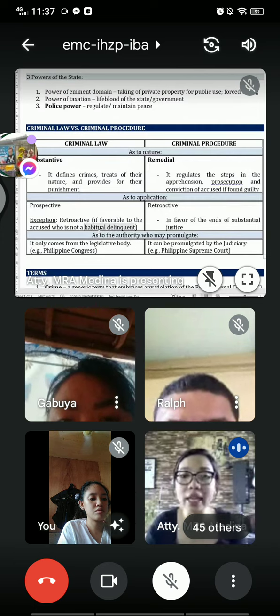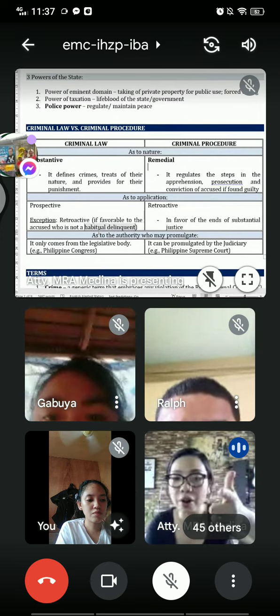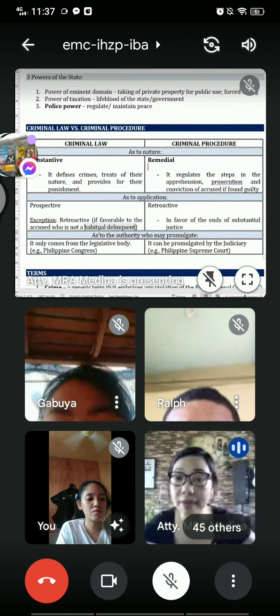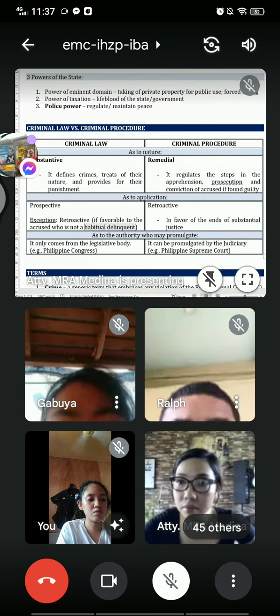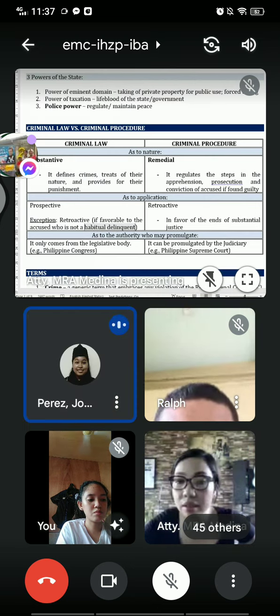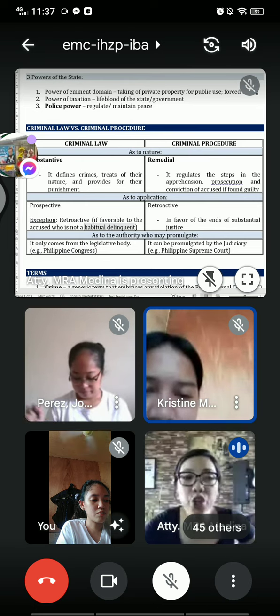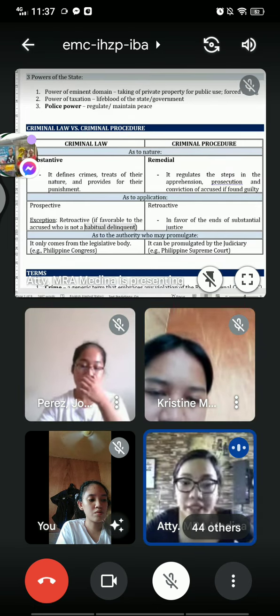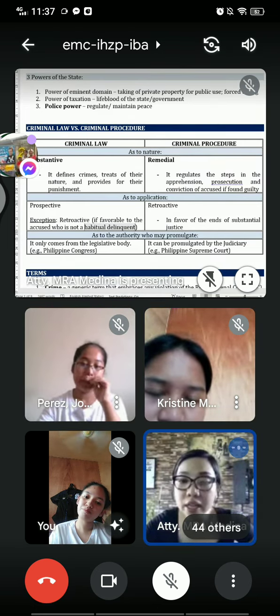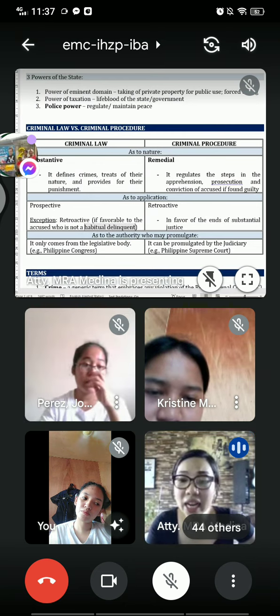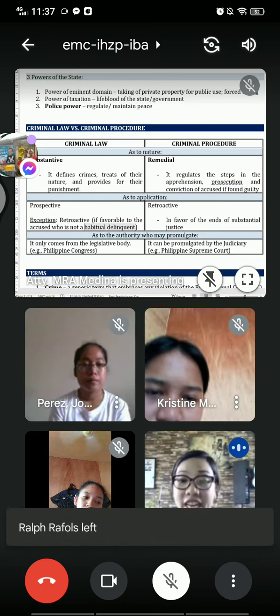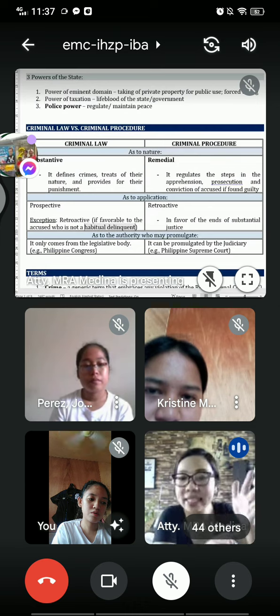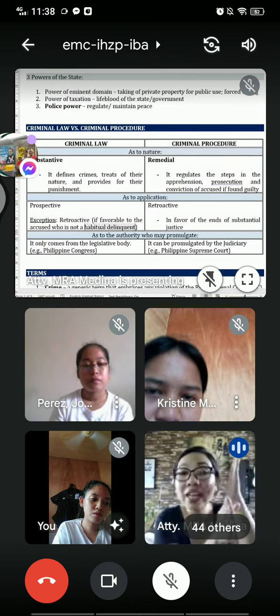Remedial law, which is your criminal procedure. Do you have criminal procedure yet? Not yet, miss. But you will later learn in your criminal procedure that criminal procedure is just the steps in enforcing the rights defined under your criminal law.